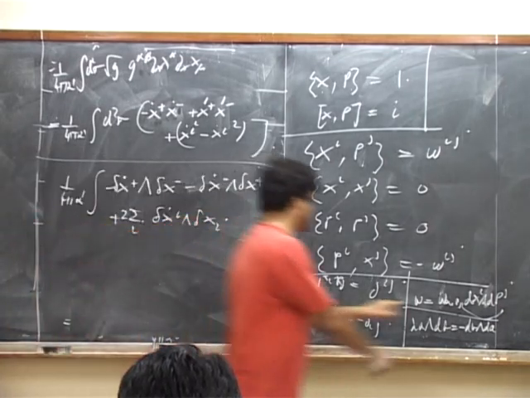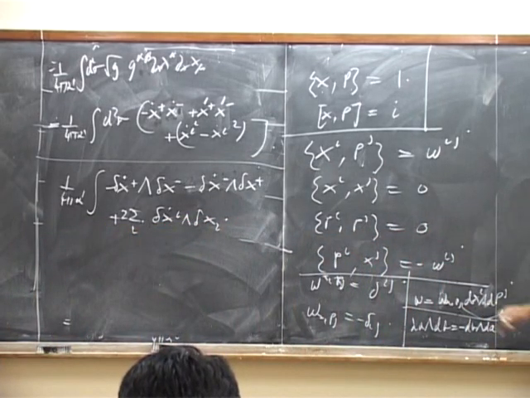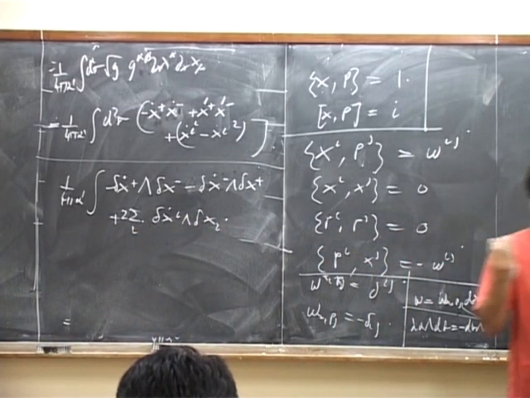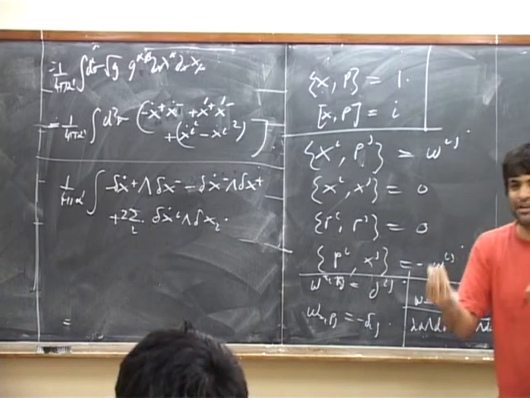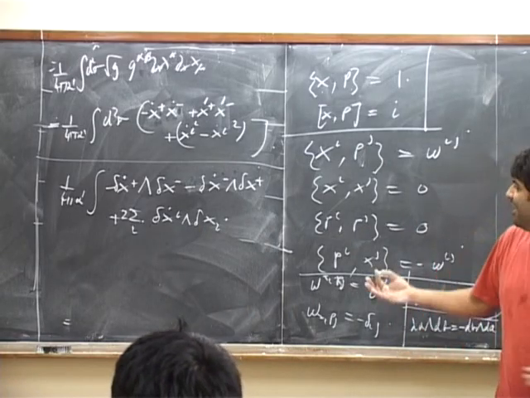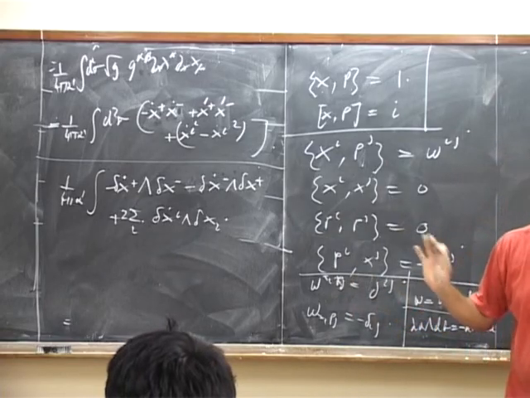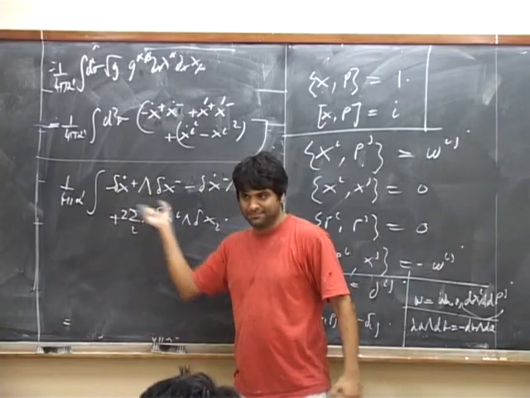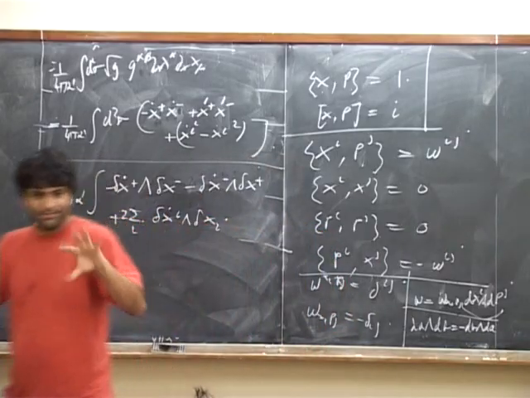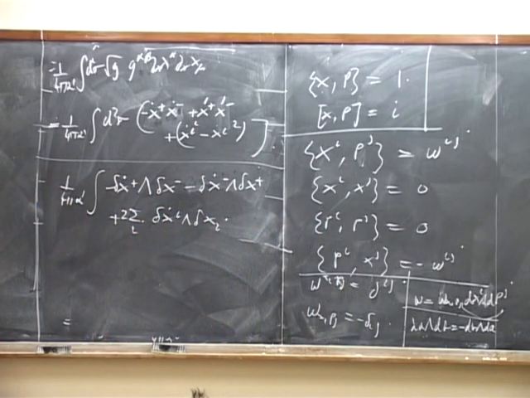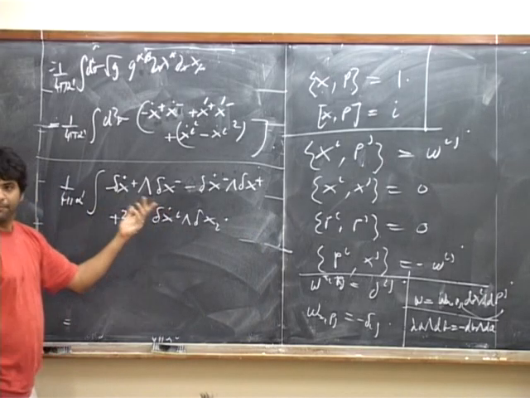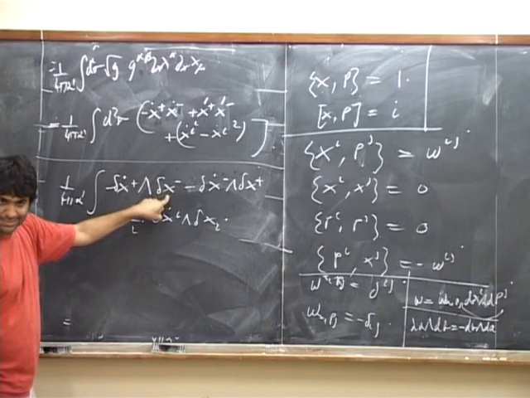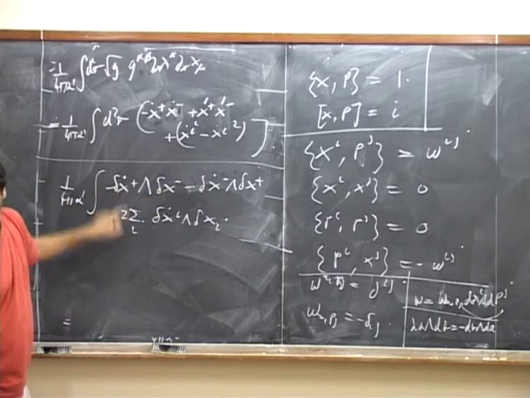Delta is the same symbol as d. I'm using the symbol delta because it's a variation of a function, a small variation of a function rather than a small variation of a number. I could write d if you wanted. It's just a formula, the basis in the space of one forms. It doesn't matter; it's just the basis behind which you write your omega. This is exactly the same information as the statement that the Poisson bracket between x minus and x plus dot is a delta function.